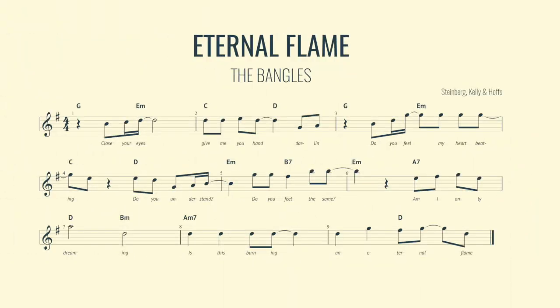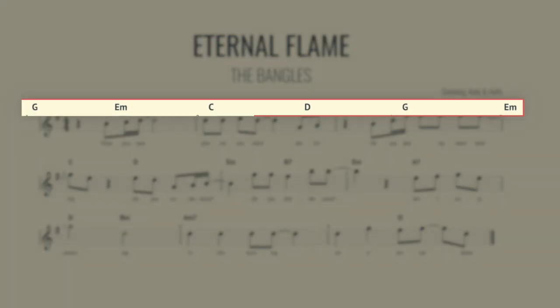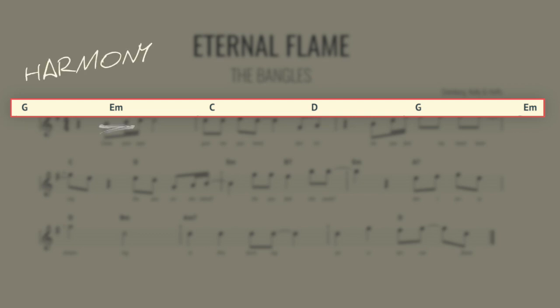Or maybe you can find the chords somewhere. Right? So in our case, if you go back to our lead sheet here, I've written the chords up the top. So I've got G, E minor, C, D, and etc., etc.